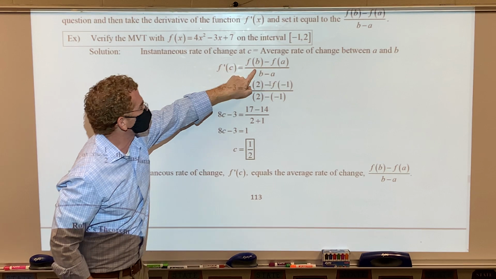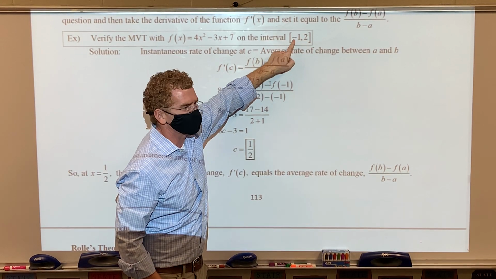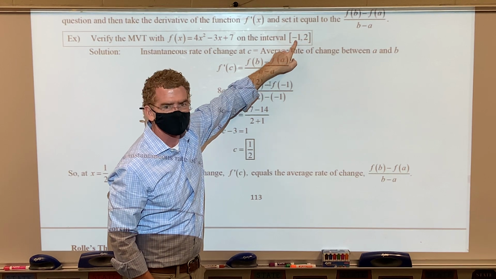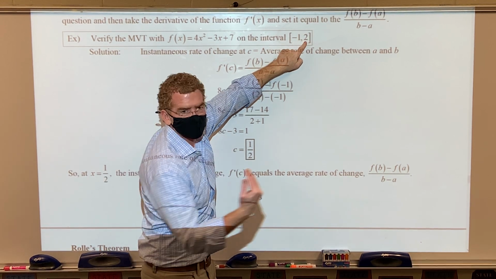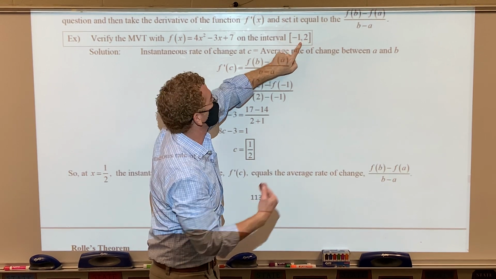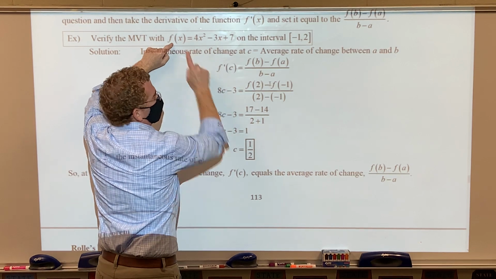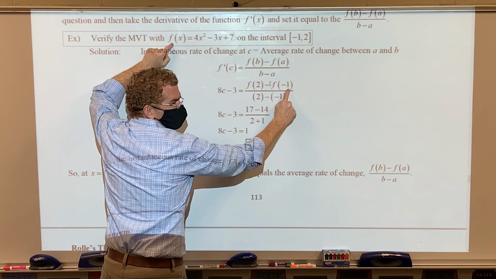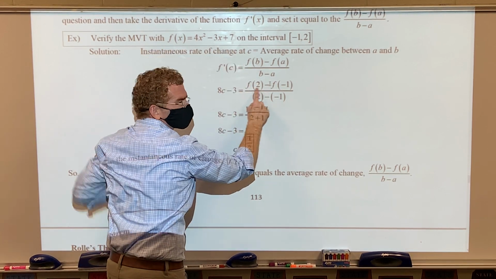Now, the right statement says, hey, what's the slope from beginning to end? Well, you have the x values at the beginning and the end, right? There's the x value at the beginning, -1. There's the x value at the end, 2. So to find the points, I just plug -1 into the function to find the y. Well, that's what that is. And then I plug 2 into the function to find the y. That's what that is.